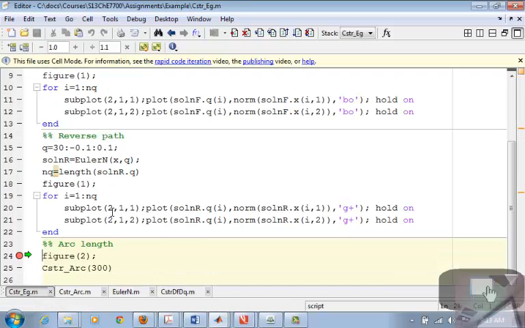Okay, any questions up to that point? Okay, so we know how to apply the Newton method, Euler-Newton method. All you need is a set of algebraic equations. When you're dealing with differential equations, you just convert them into a set of algebraic equations, and all the ideas apply once again.